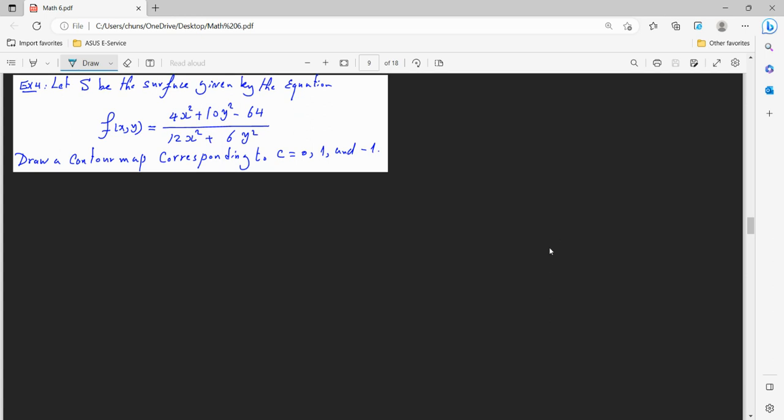All right, so we're going to do the same thing. I'm going to start with 0 first. So 0 is equal to 4x squared plus 10y squared minus 64, over 12x squared plus 6y squared. When we cross multiply our denominator with our 0, that just also leaves 0. So this is 0 equals 4x squared plus 10y squared minus 64.